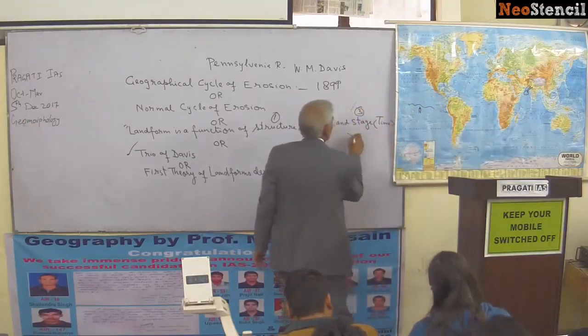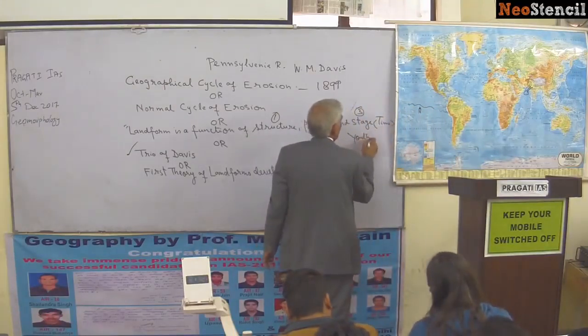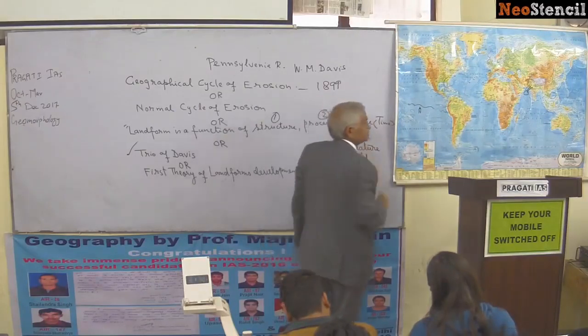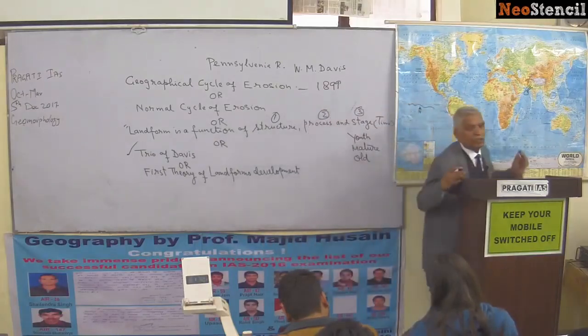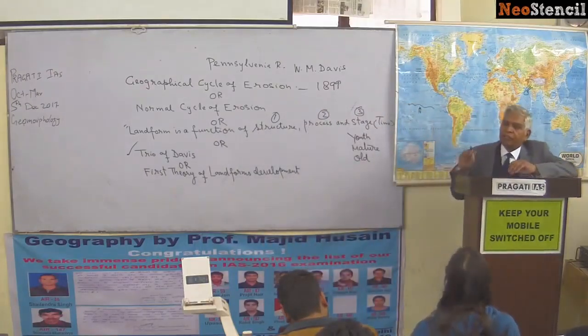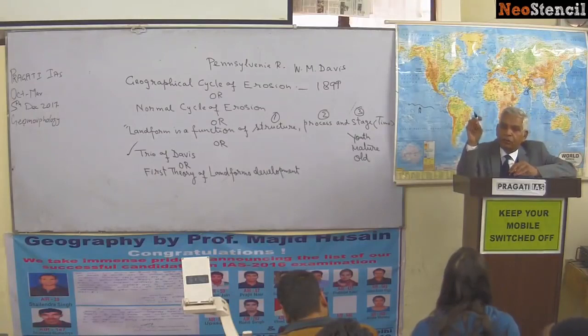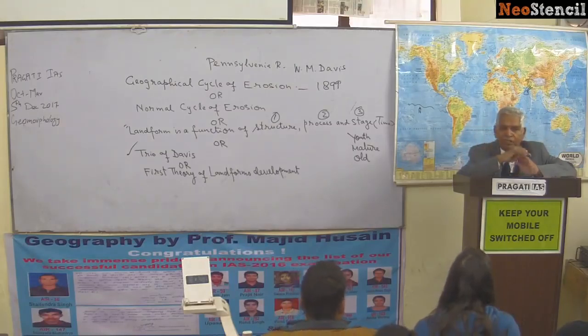This is time. By looking at the topography of a region or shape of landforms, you can predict, oh, it is in the youth stage, or it is in the mature stage, or it is in the old stage.